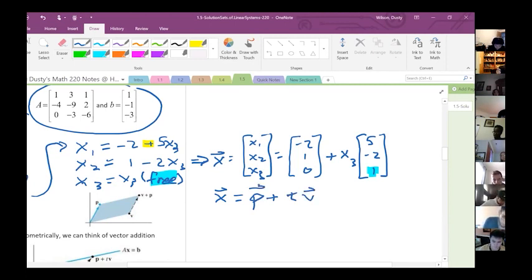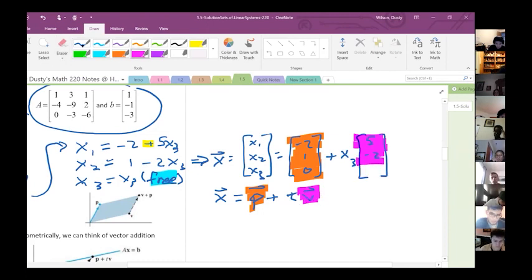And so in this particular case, the p is this vector here. And then the v is, so I'm looking for a color I haven't used yet. And here's the v. So we can visualize this as follows.